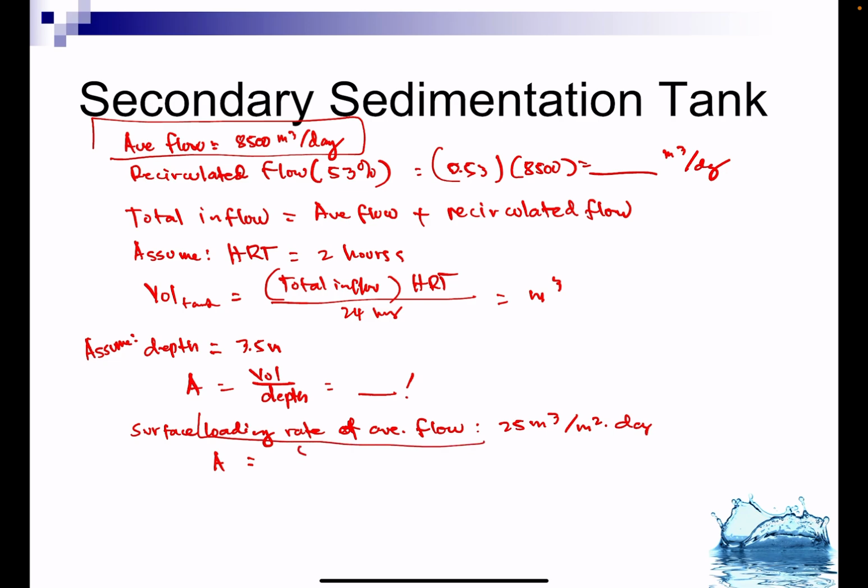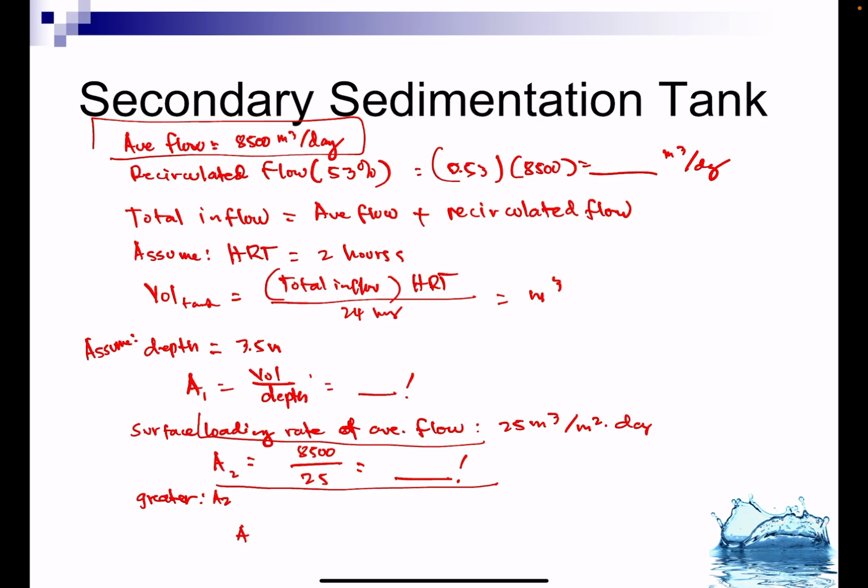So that is 8,500 divided by 25. So whichever is greater between A1 or A2, you use that area. If A2 is bigger, you use A2. If A1 is bigger than A2, you use A1. So that would be your basis in getting the diameter of the tank.